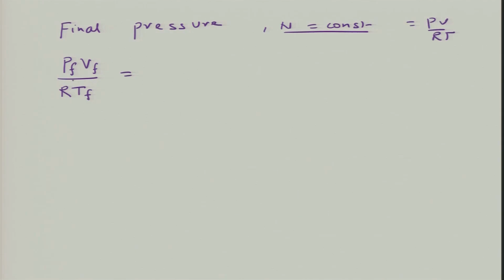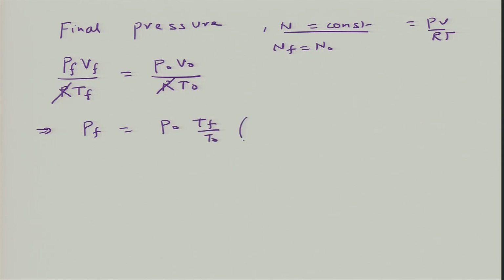So in this case n final is equal to n initial, and hence we can write this as P0 V0 by R T0. Now what I can do is I can get rid of R. I can write PF is equal to P0 TF by T0, and now V0 by Vf.